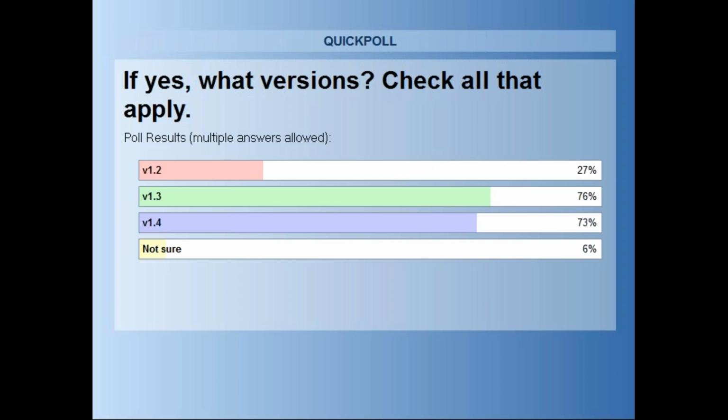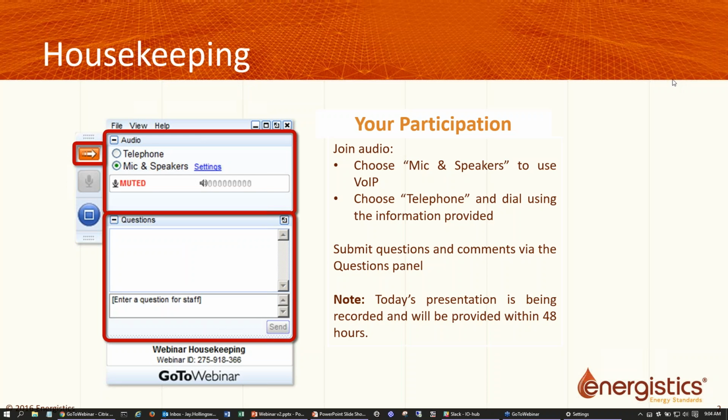And there's results for that question. As you can see from this, most people have implemented version 1.3 at 76%. 73% have implemented version 1.4, with 27% of you implemented version 1.2. We have one more question we'd like to ask.